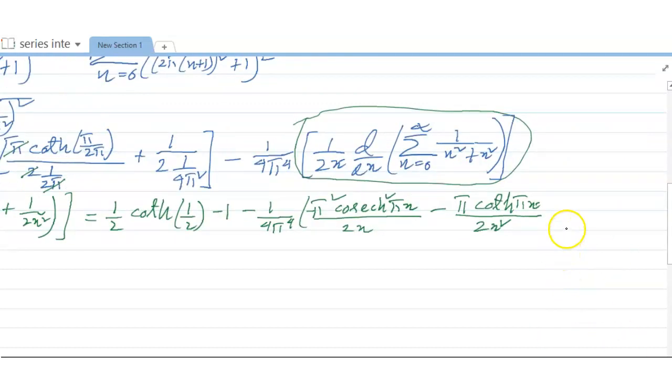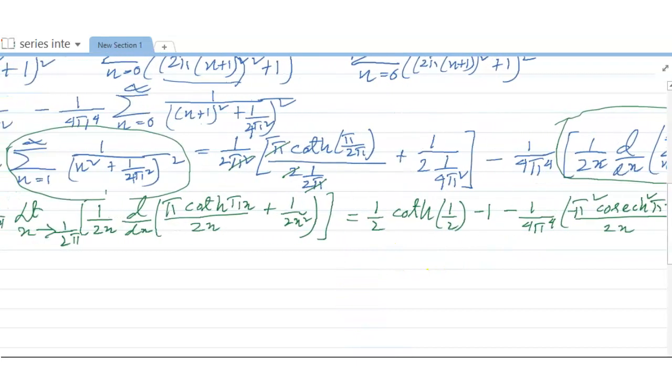Just simple derivative. Okay friends, simple derivatives, minus 1 by x cube. This is my total differentiation.